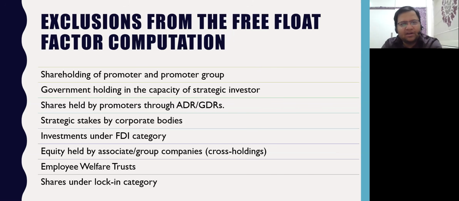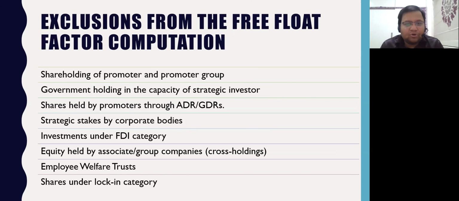Which shares are excluded? Look at this. While calculating the free float number of shares, we exclude certain shares. Which are those? Number one, shares which are held by promoter and promoter group. Government holding as a strategic investor. Government is normally a strategic investor. It's not for trading purpose.